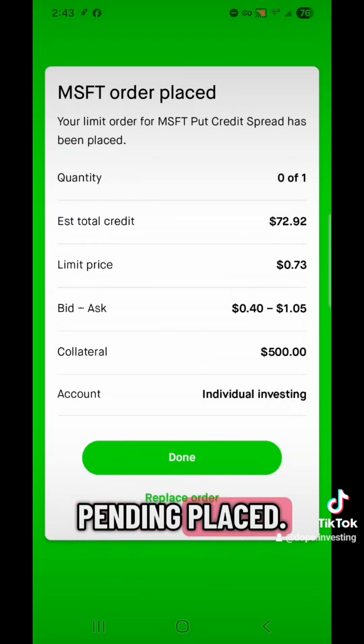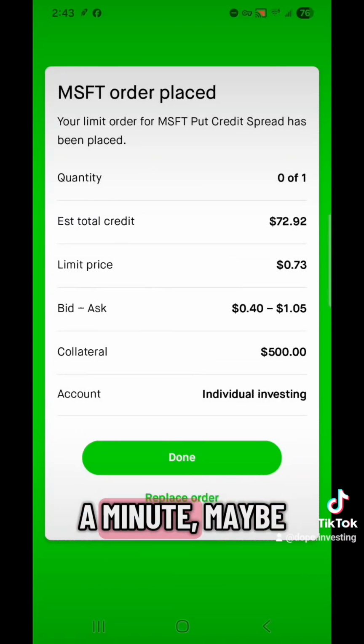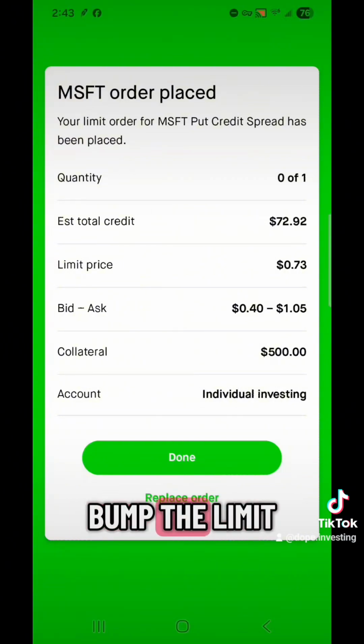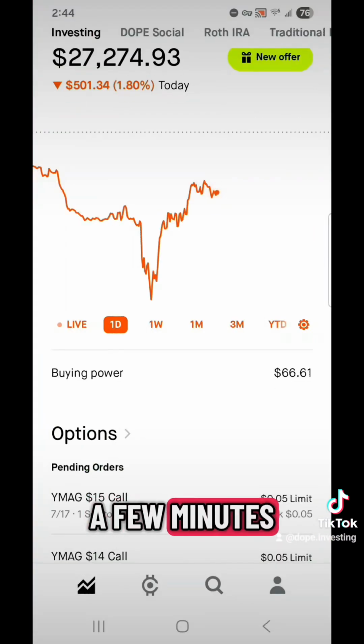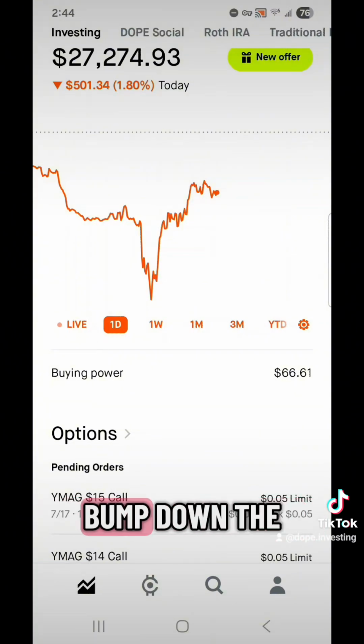Pending, placed, and then we'll wait a bit. We'll wait like a minute, maybe 5 minutes, see if it fills. And if not, we could always bump the limit price down a little bit. If you notice that it's been a few minutes and your option spread hasn't filled, you could always bump down the limit price.